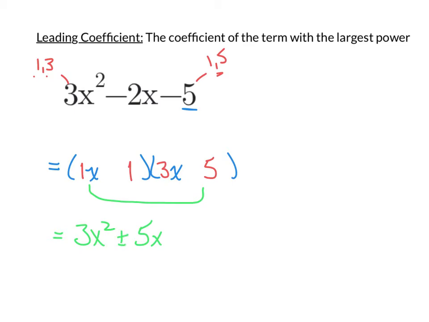When we do the insides, 1 times 3x, that's going to be 3x, and we don't know if that's a plus or a minus either. And then when we do lasts, 1 times 5, that's going to be 5, and we do know that we want that to be a minus. So when we simplify, we have 3x squared at the beginning, minus 5 at the end. And what we're wondering is, can I make this negative 2x for the middle?